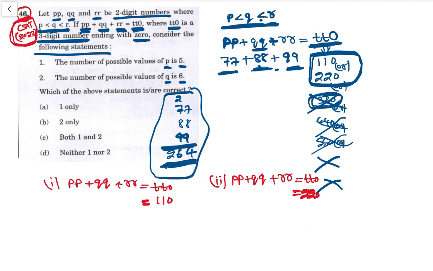So 110 when it is possible is when 55 plus 55 is equal to 110, right. So one has to be 55, और बाकी दो मिलके 55 हो सकता है.